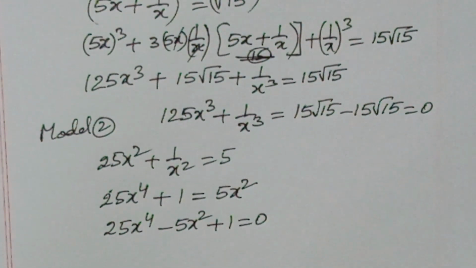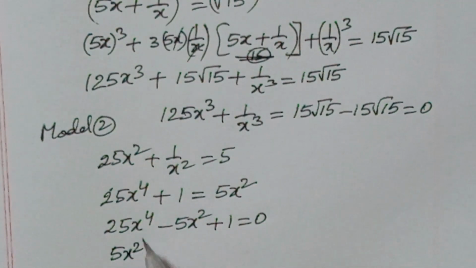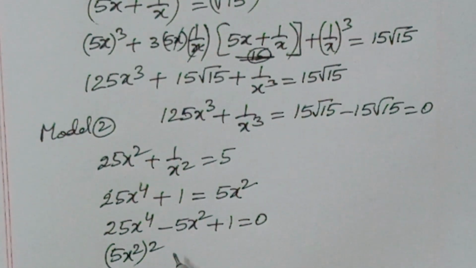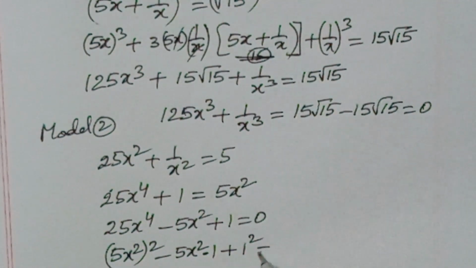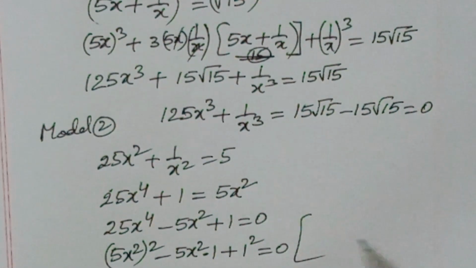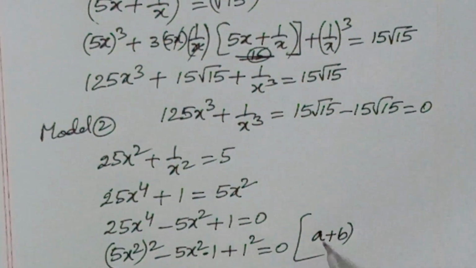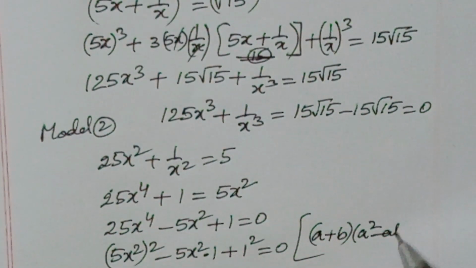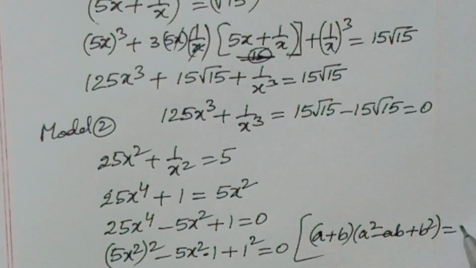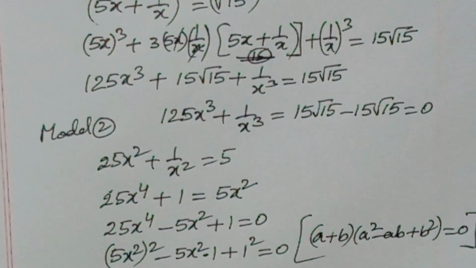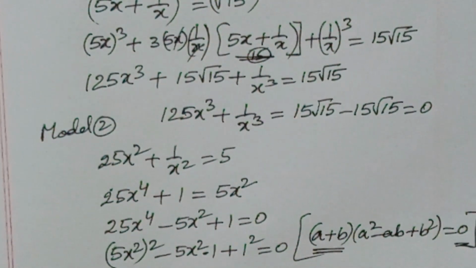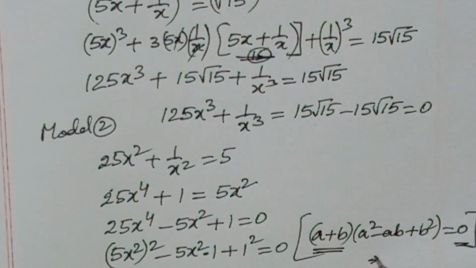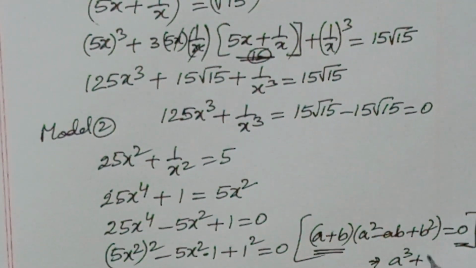So this can be written as 5x square whole square minus 5x square into 1 plus 1 square equal to 0. Here we are having the formula a plus b into a square minus ab plus b square, which is a cube plus b cube.